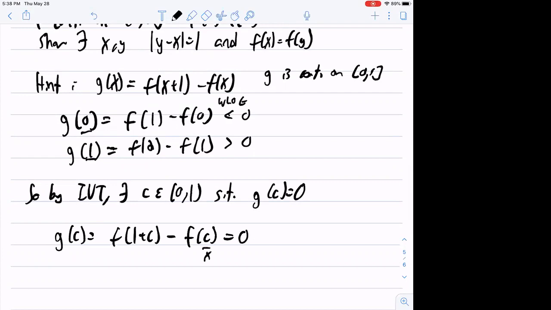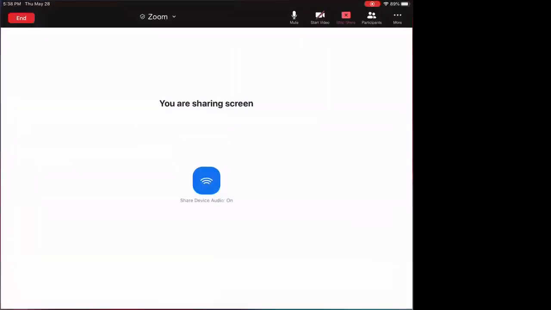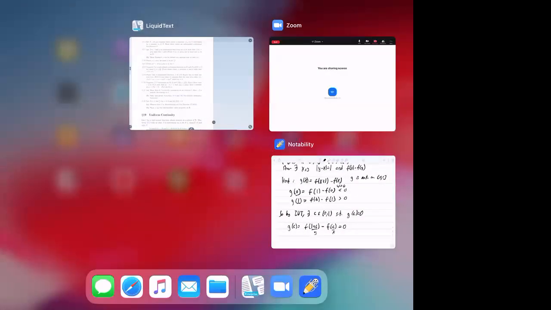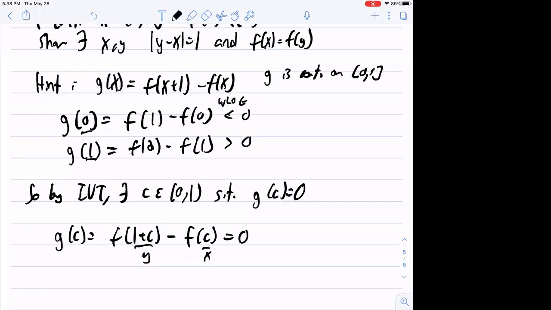This is my x, this is my y. Everyone clear? Maybe this is a bit more tricky, but okay. Is everyone clear? Okay, I have a question. Sure. So I think we still need to consider a special case when f of 1 equals f of 0 equals f of 2.